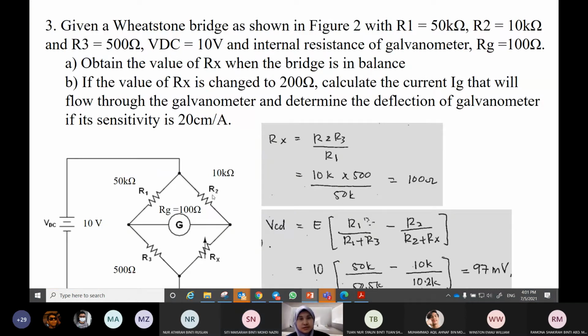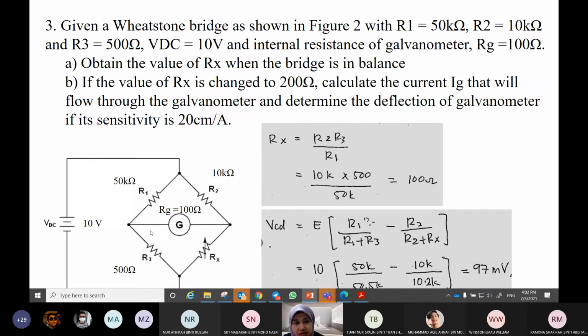So the VCD will be some value, okay? Previously, for balance condition, VCD is the V across the galvanometer, okay? V at this terminal.